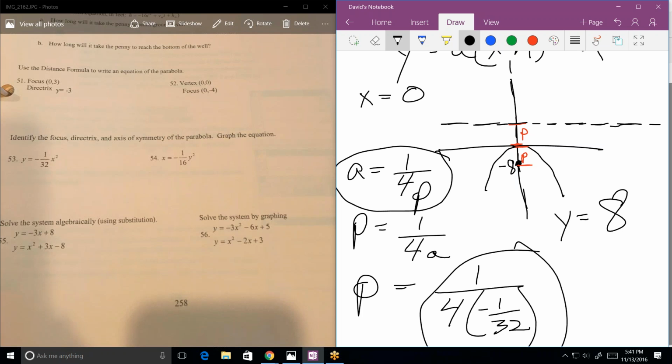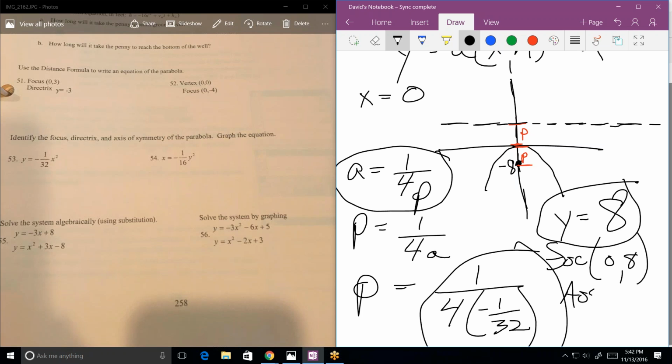So it's y equals 8. That's the directrix. The focus is at 0 comma minus 8. And the axis of symmetry is, as you already said, x equals 0. And that's the only 3 things they asked for.